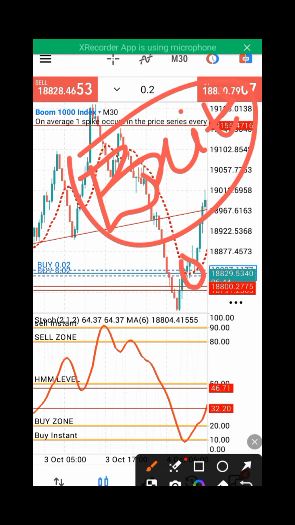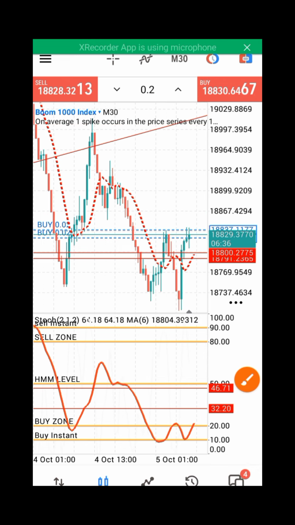Except if it is a minor structure where I know the market has a high tendency to continue the downtrend. Like here, if price prints a candle below this moving average, I'll wait. If the candle also opens and closes below this moving average, I'm going to exit my trade. I will go out of the market and wait for another entry that will give me the profit that I want.